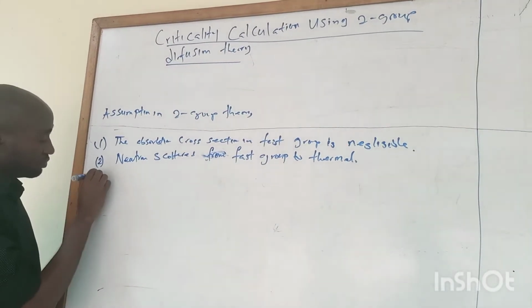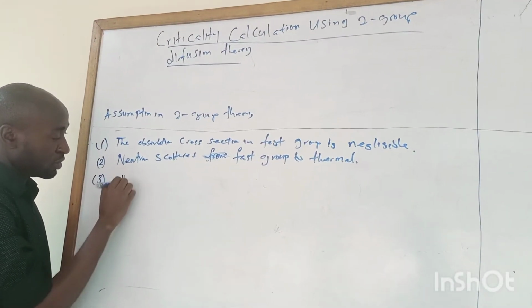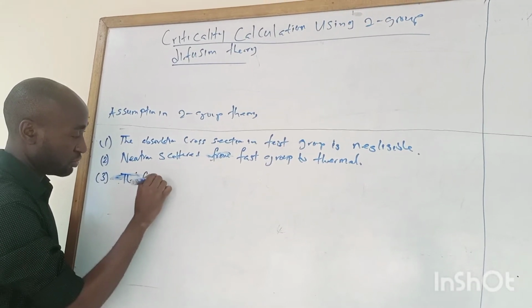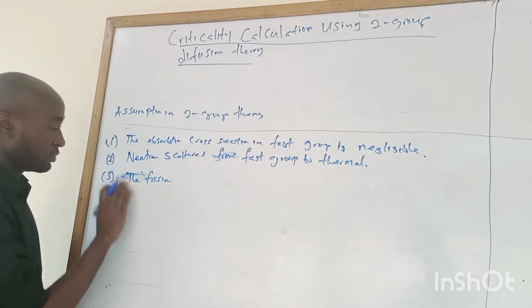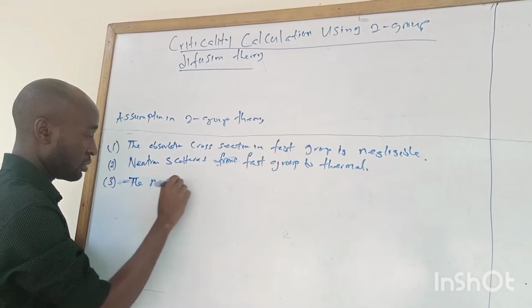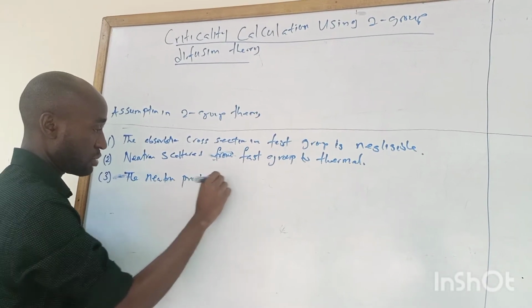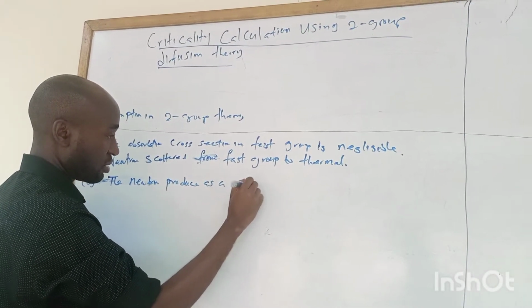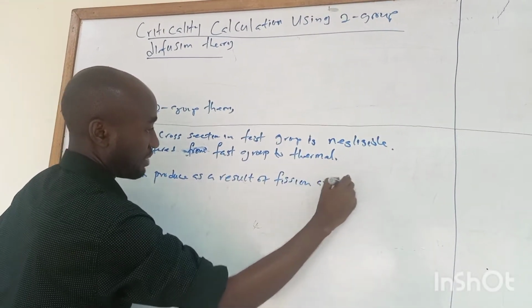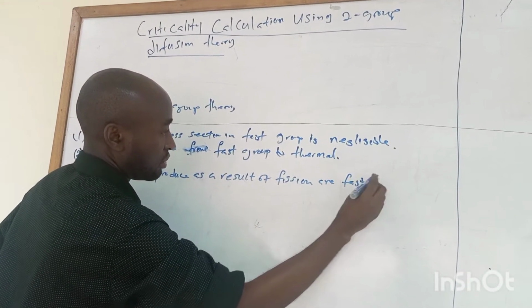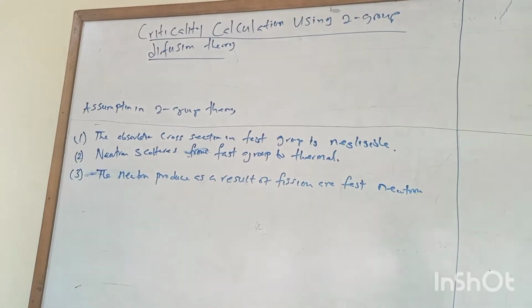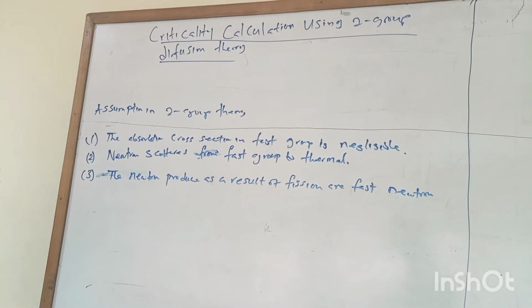Third, all the neutrons produced as a result of fission are fast neutrons. These three assumptions are very essential.